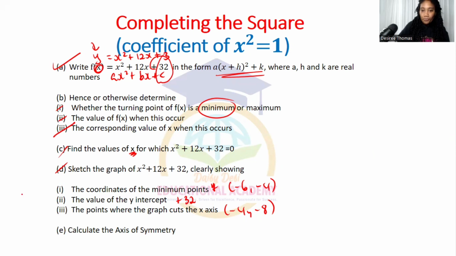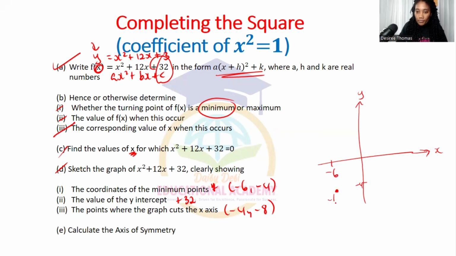So what we know: we have our x and y axis. This is our x-axis and this is our y-axis. We know the minimum point is minus 6, minus 4, so minus 6 on the x and minus 4 on the y. What else do we know?